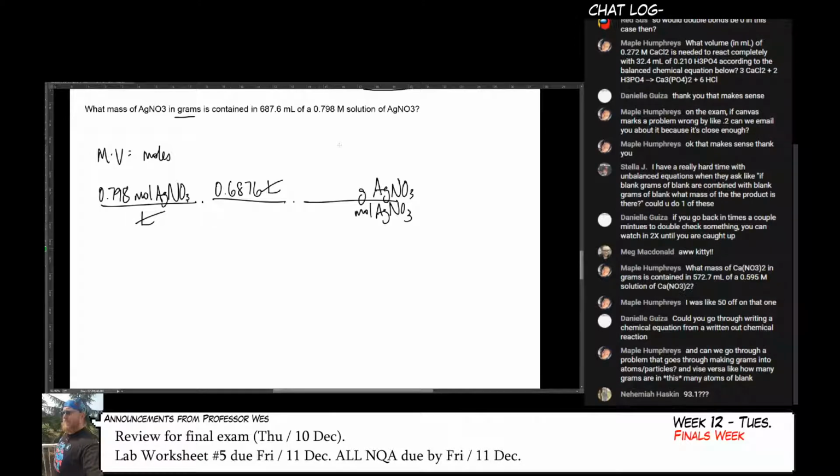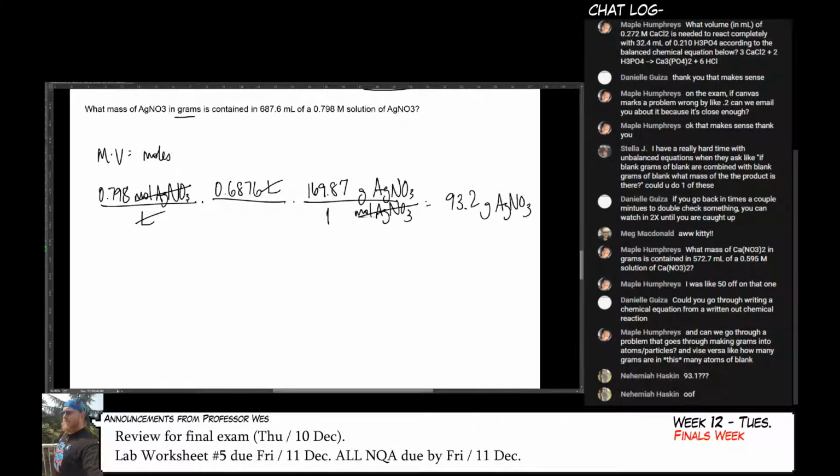AgNO3, 169.87. And that should be the mass of that. 0.798 times 0.6876 times 169.87. And I got 93.2 grams AgNO3. No Windows, I do not want to update. Go away. There you go. 93.1 is close enough. Canvas would accept that.